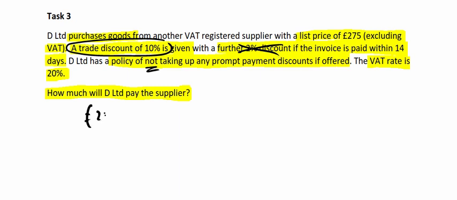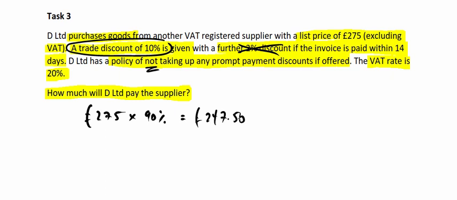The list price was £275. If though they get a 10% trade discount on that list price, means they'll only be invoiced for 90% of the net value, which I'm getting as £247.50.